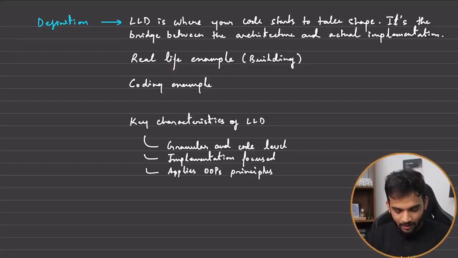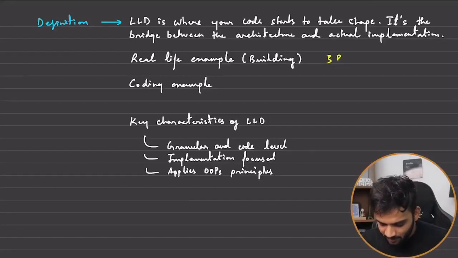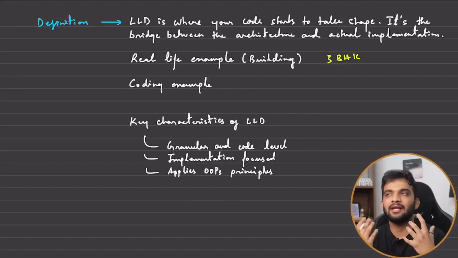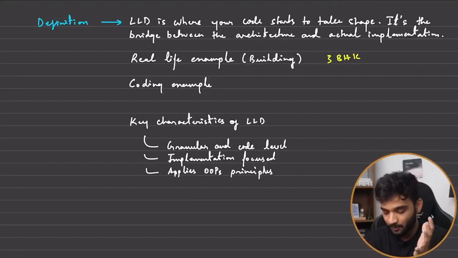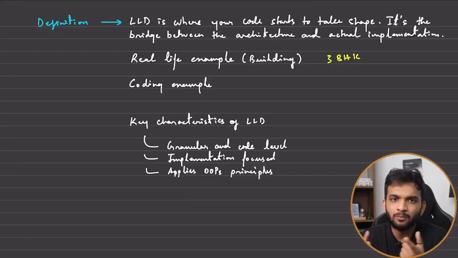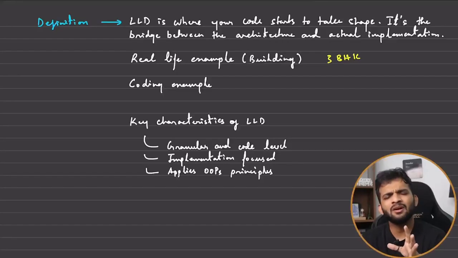Let me give you a real-life example so that you can relate with high-level design and low-level design. Imagine you're buying a 3 BHK apartment. Typically, on a higher level, I'll tell you that a 3 BHK apartment will have 3 bedrooms, 1 living room, 1 kitchen, or maybe 2 bathrooms, right? That is what I'll define you. Now, this is something which is a high-level design.